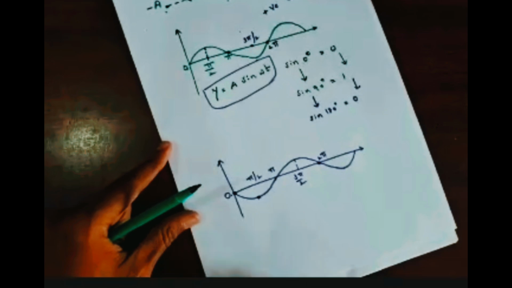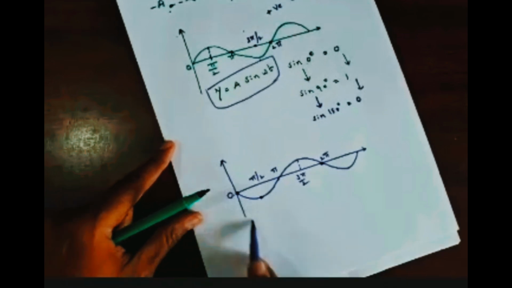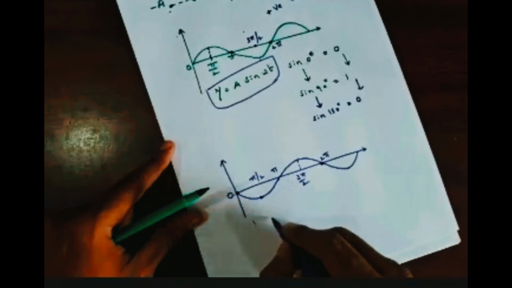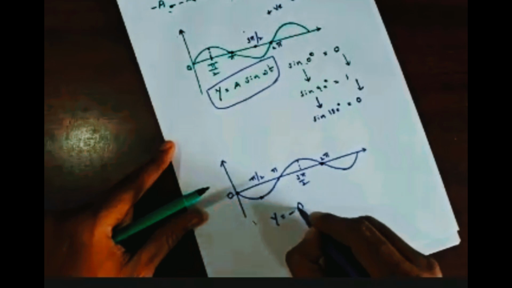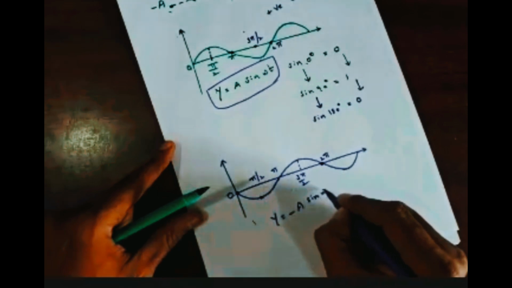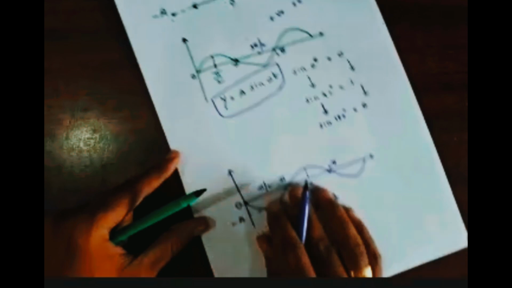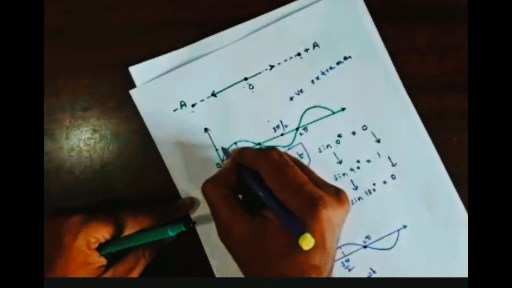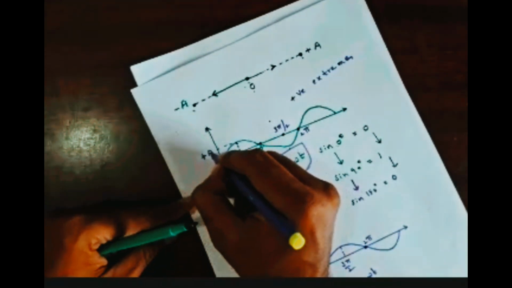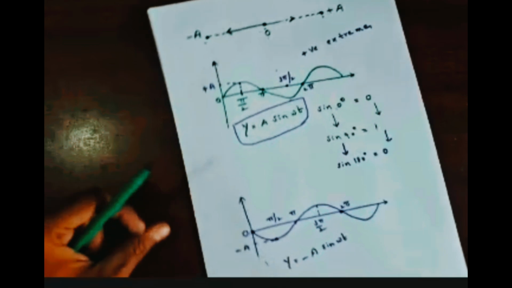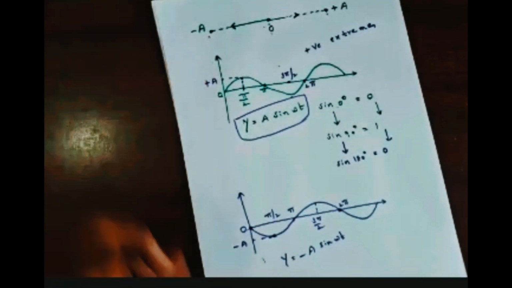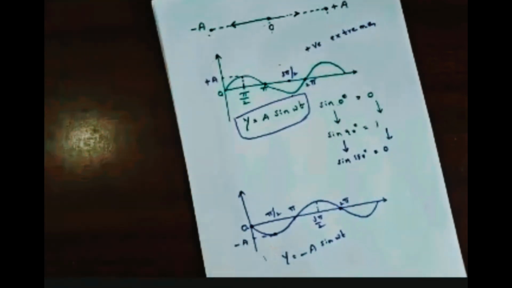See the curve, negative extreme. This is the negative y-axis. Then we take it as y is equal to minus a sine omega t, and this is minus a, and this is plus a, and that's why this is called positive extreme. This is called positive extreme, and this is called negative extreme.